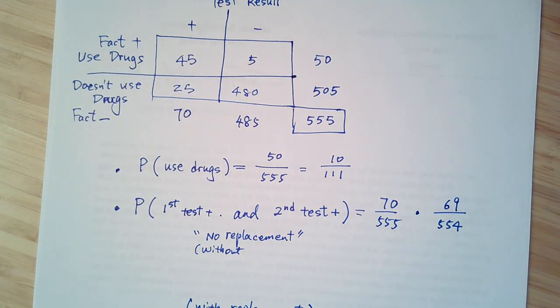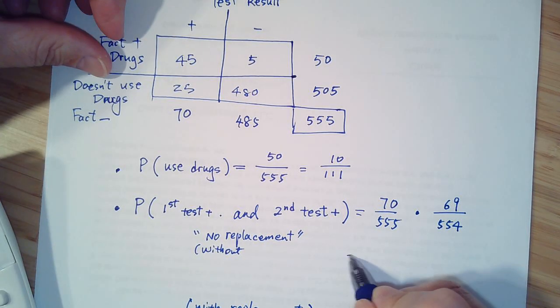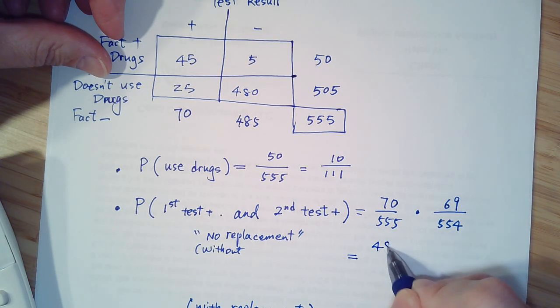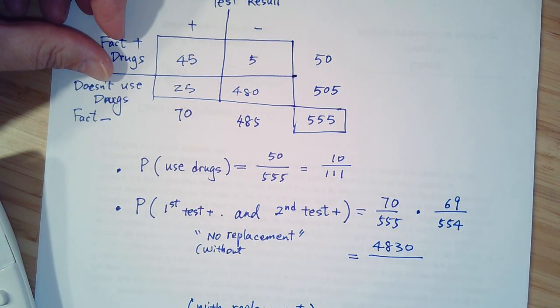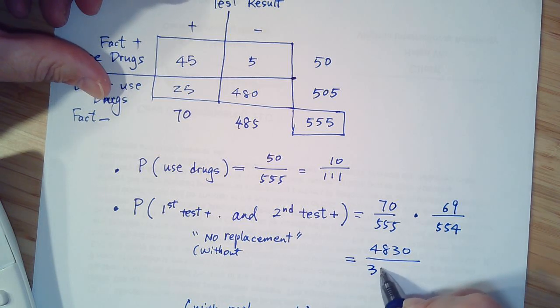Let me get my calculator. So it's 70 times 69. Numerator times numerator is 4830, and the denominator is 555 times 554. So that is 307470.